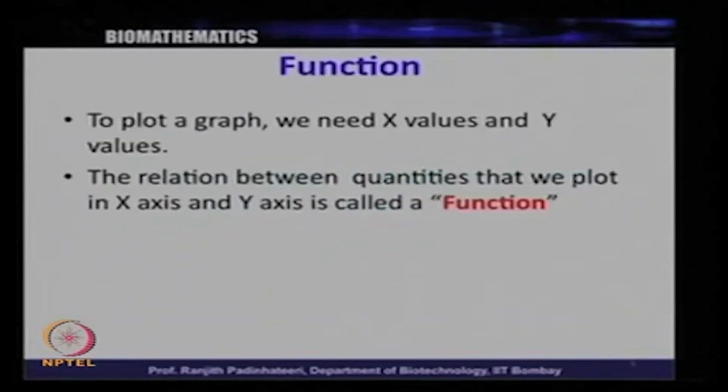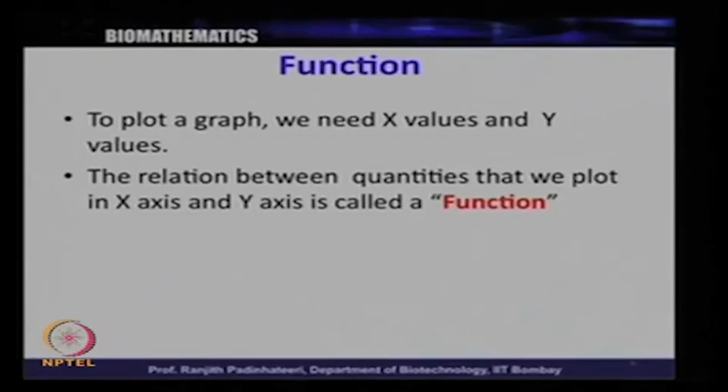As we said before, to plot a graph you need an x axis and a y axis. There is some column which we plot on the x axis, and some other column which we plot on the y axis. There is a relation between the quantity on the x axis and the quantity on the y axis.